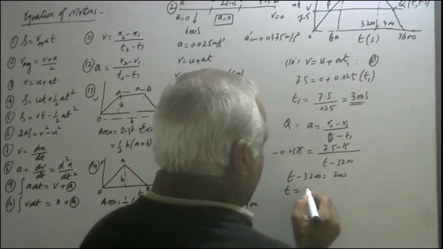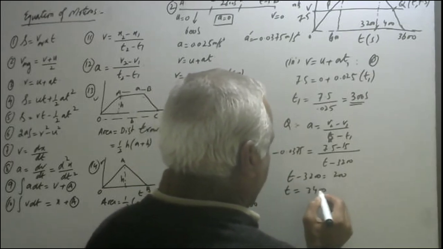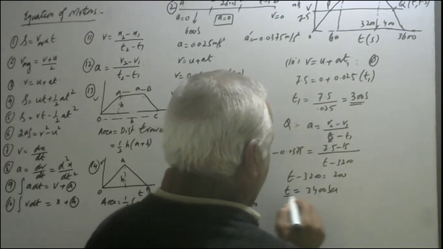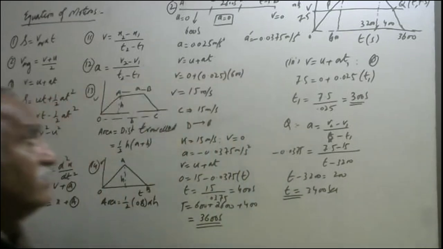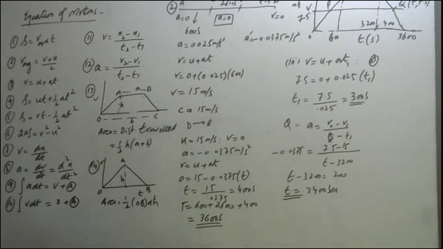So t is equal to 3400 seconds. So the second time when it has a speed of 7.5 meters per second is 3400 seconds. So two timings are there: one is 300 seconds and the second one is 3400 seconds for this journey of the train.